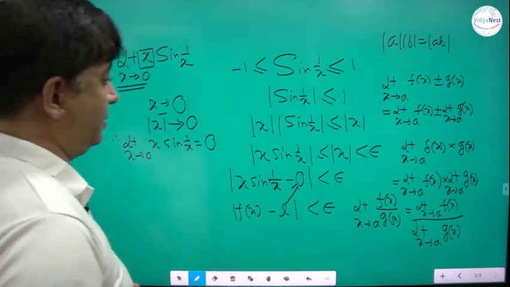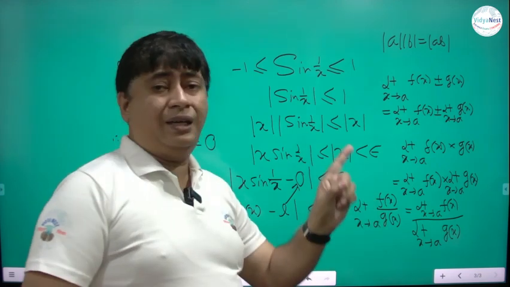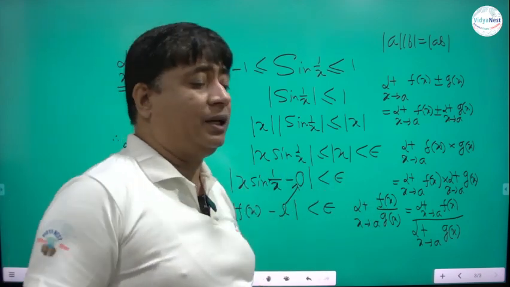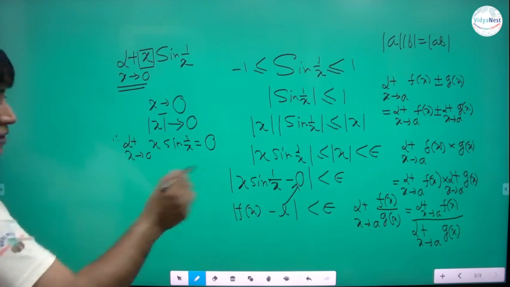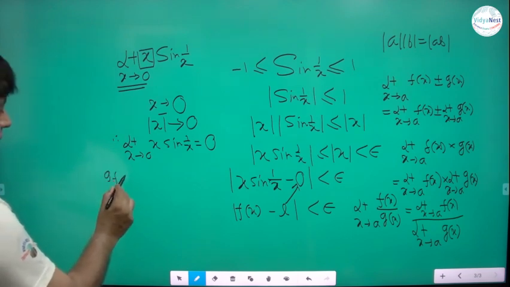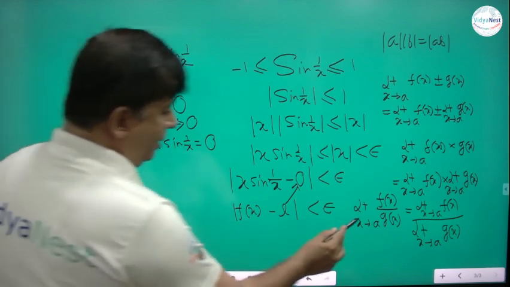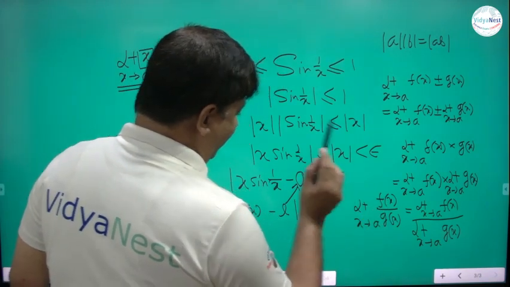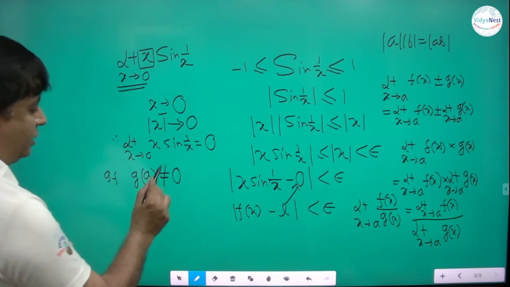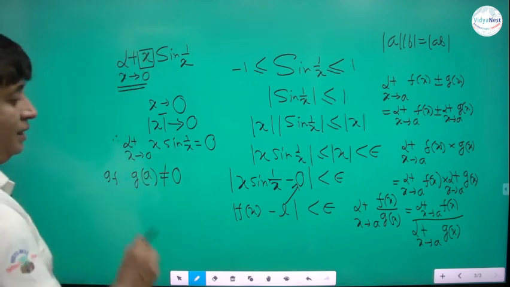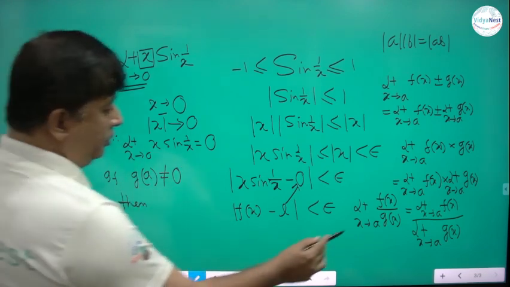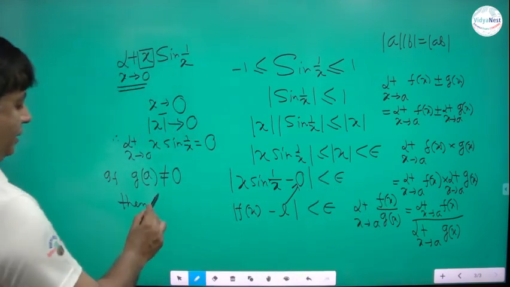Now the question is that x tends to a is given. Can I put x is equal to a? Obviously, I can put x is equal to a in division form if g(a), suppose I am putting a in place of x, if g(a) is not equal to 0, then you can put a in place of x.